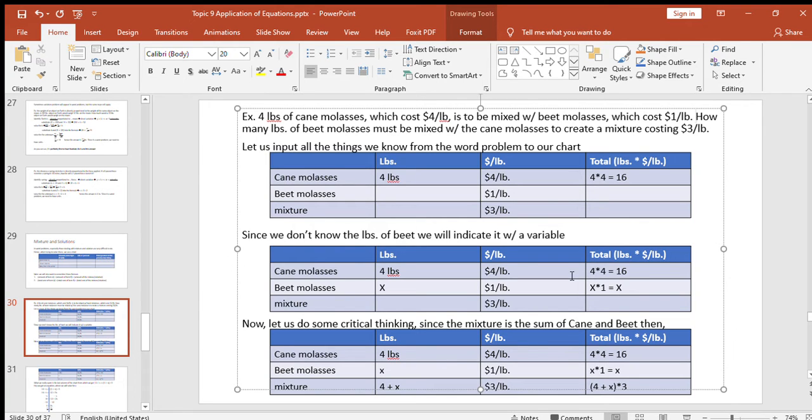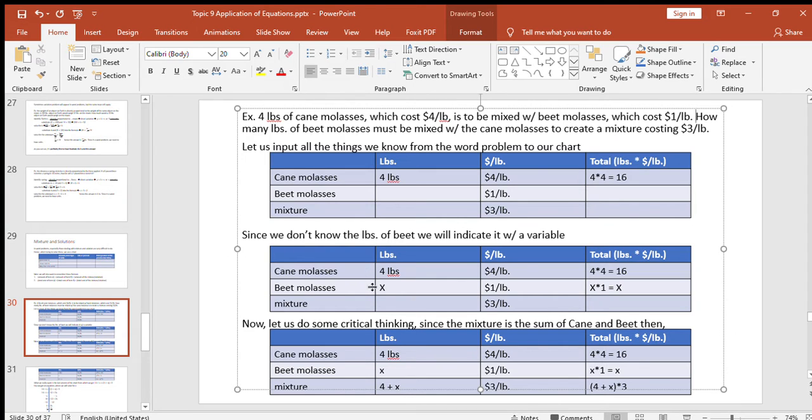Now how about the mixture? Well, since we know what our cane and beet are, we're not going to put another variable here right away. We should know our mixture.